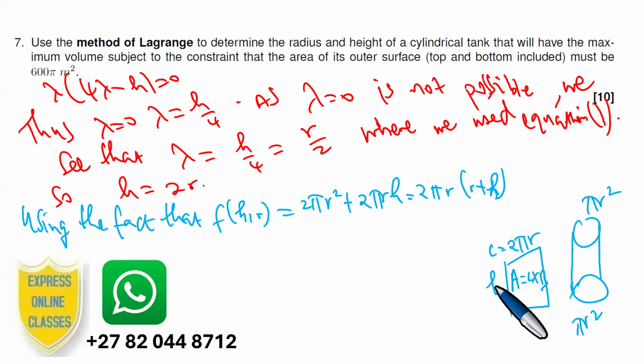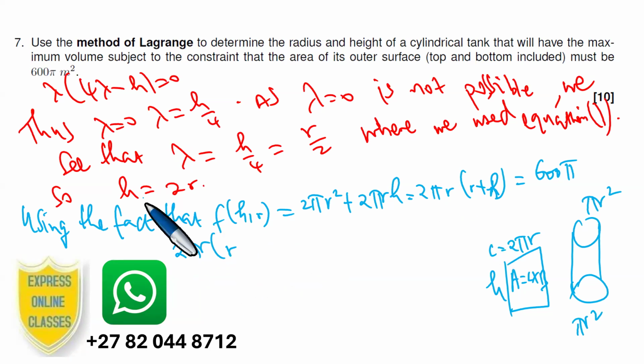Right. So that in the end, you have the following. So that now you have 2 pi r.